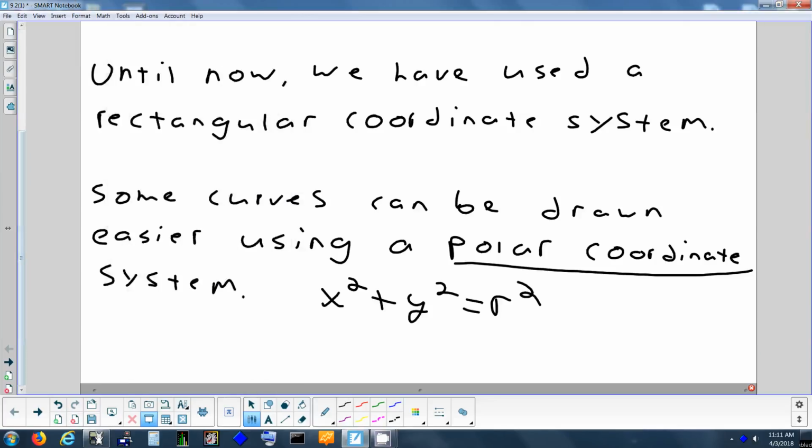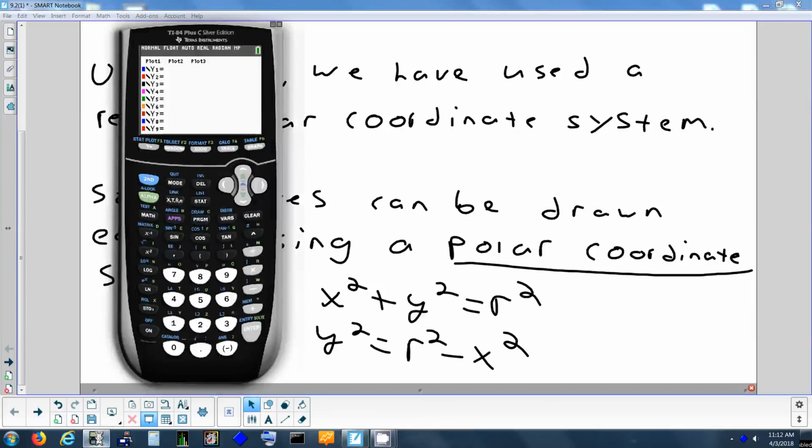So in order to type that in on a calculator, I have to get y by itself. So I could bring x squared to the other side, and then I would have to take the square root. When I take a square root, how many square roots are there? 2, right? Positive, negative.